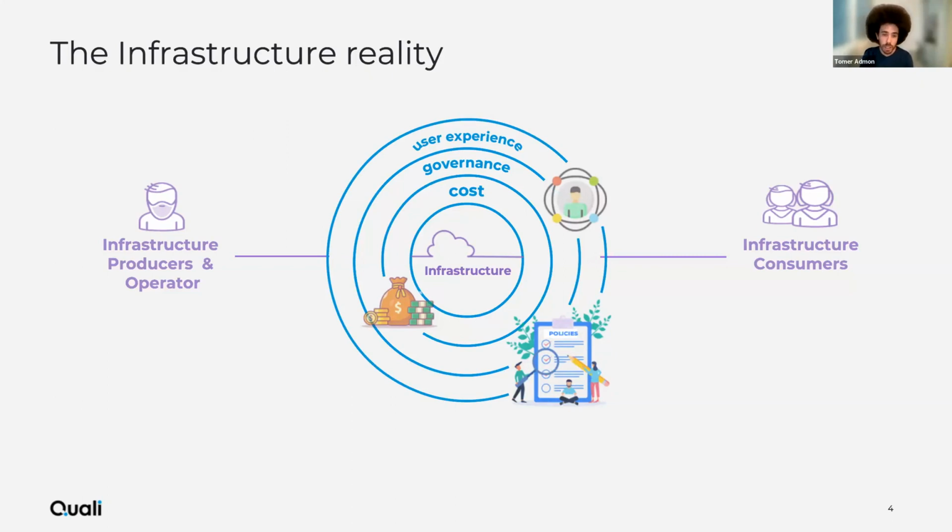And now a QA engineer needs to go into AWS and figure out what's the right component to use. He will probably be lost in the hundreds of different entities, and he will probably require some AWS education and permissions to do that. So when we're thinking about infrastructure and enabling infrastructure to consumers, we just want to make sure that they get the right things in the right way into their hands.